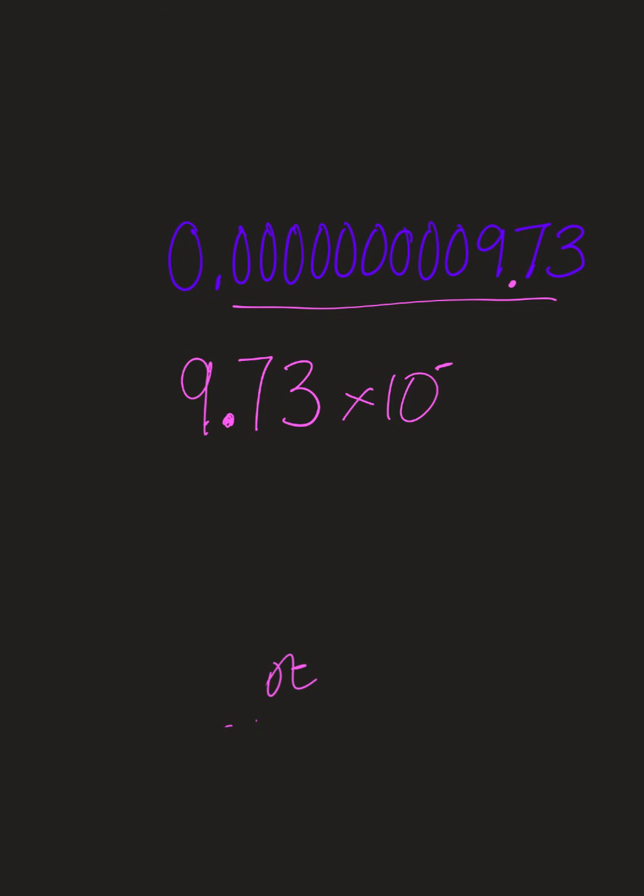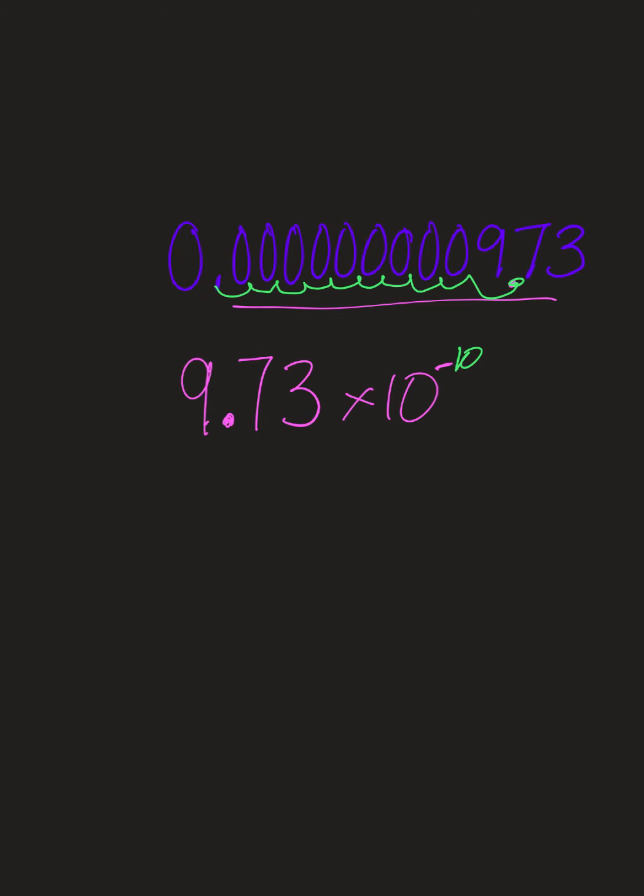So when I am finding out what my exponent is, again, I'm going to simply count how many times I have to move the decimal. Not just the number of zeros, but how many times I have to move the whole decimal. So 1, 2, 3, 4, 5, 6, 7, 8, 9, 10 times. So I have 9 and 73 hundredths times 10 to the power of negative 10.